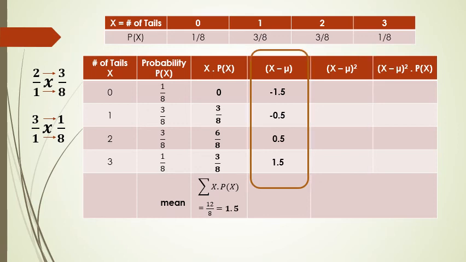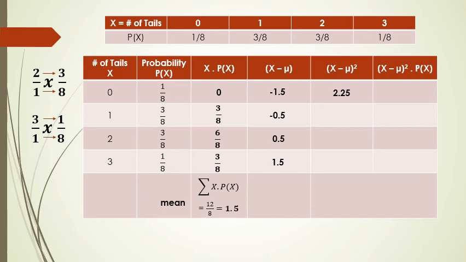The next column is the square of the previous column. So, kay square man sa previous column, all we have to do is to simply multiply the previous column by itself. So, negative 1.5 times negative 1.5, so the answer is positive 2.25. Because negative times negative is positive.